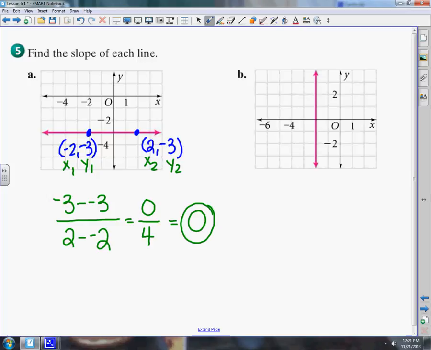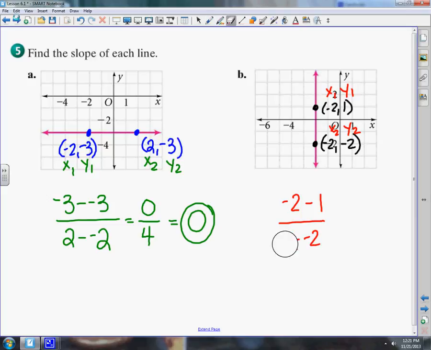Now, this one's a little bit different. So if I pick 2 points, so now this would be -2, 1, and this is -2, -2. So if I label my points, x1, y1, x2, y2, it's y2 minus y1 over x2 minus x1.